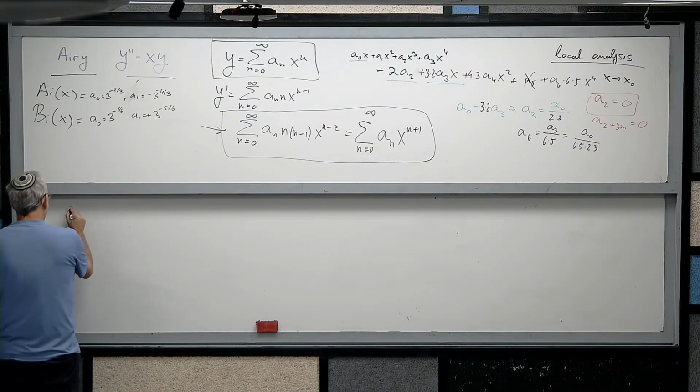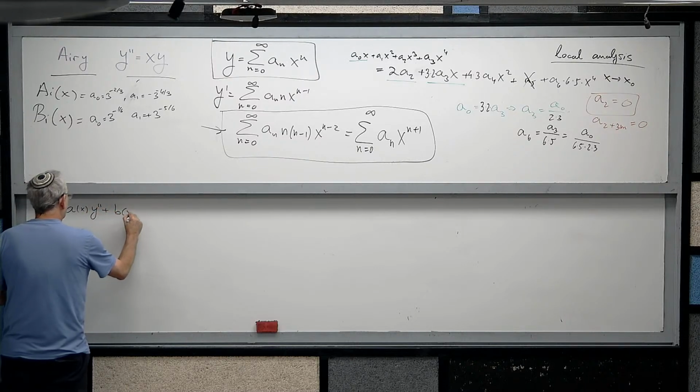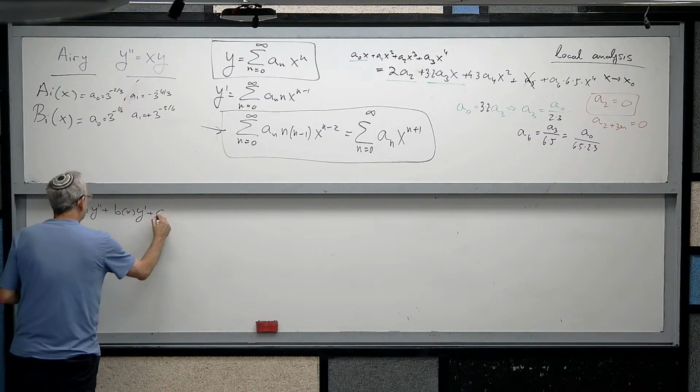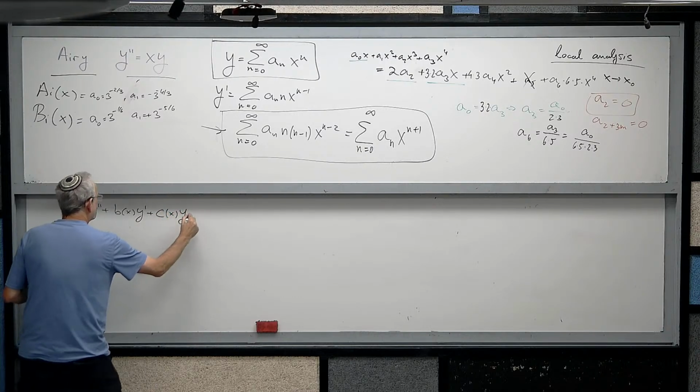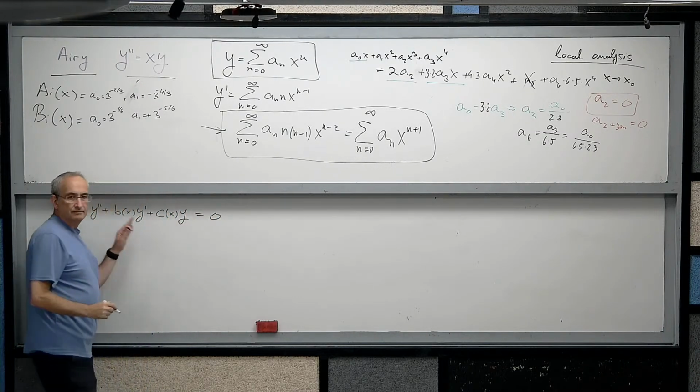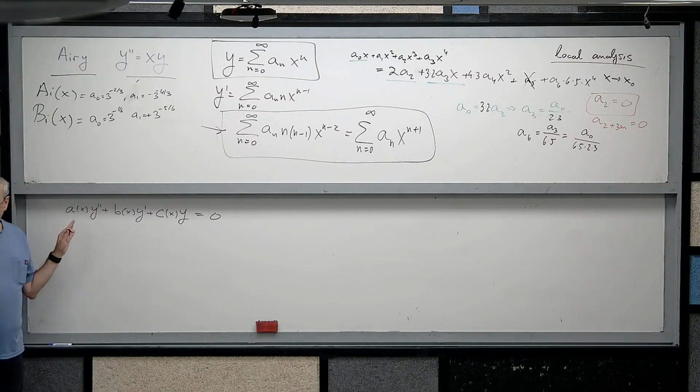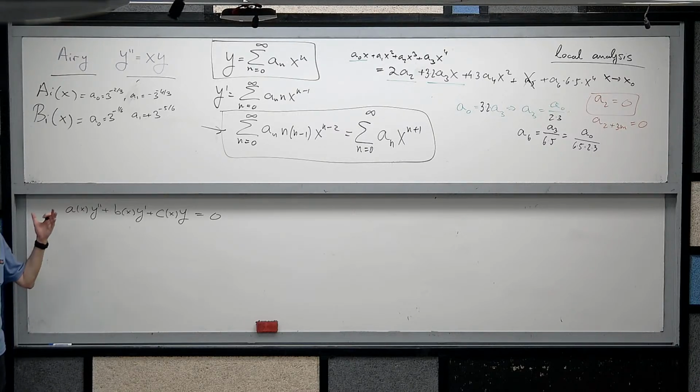So we have an equation of the form a of x y double prime plus b of x y prime plus c of x y equals 0. Okay, homogeneous and linear second order differential equation. This is our example. What I will tell you now is completely general for equations of any order, provided that they are linear.